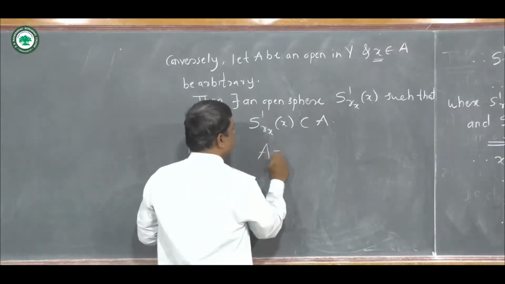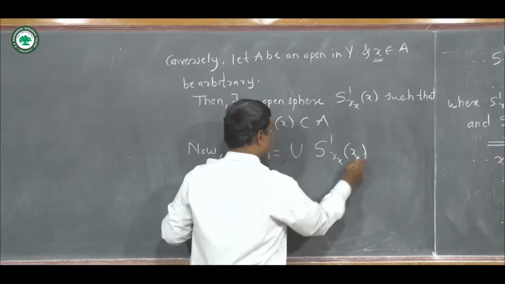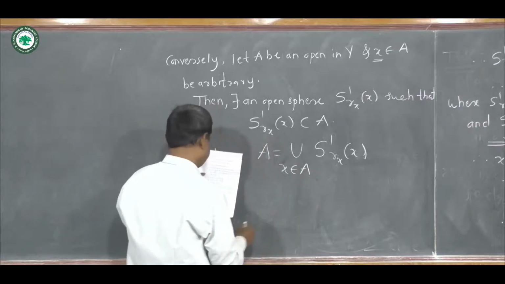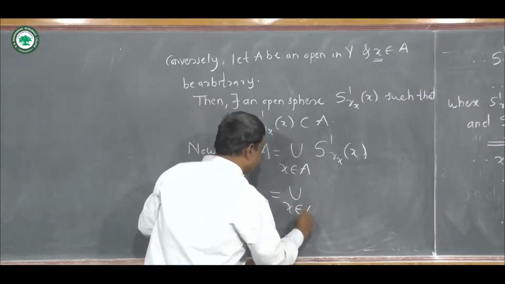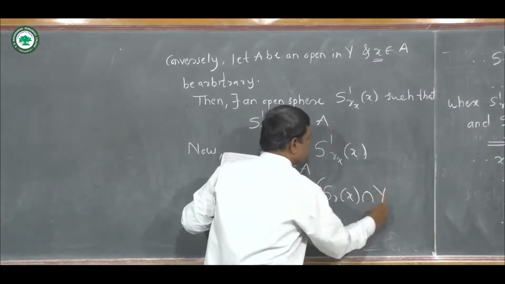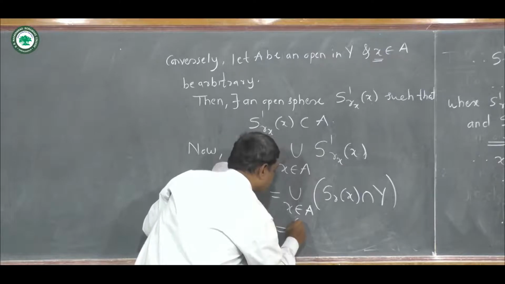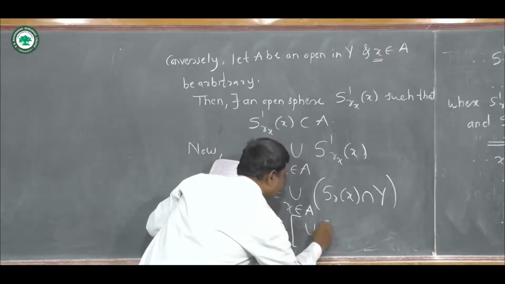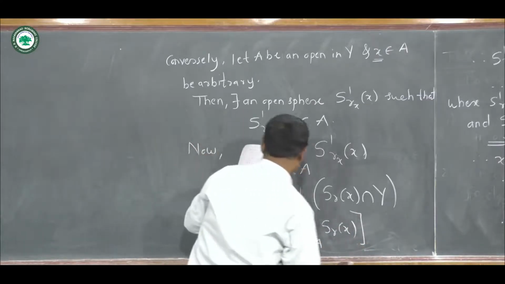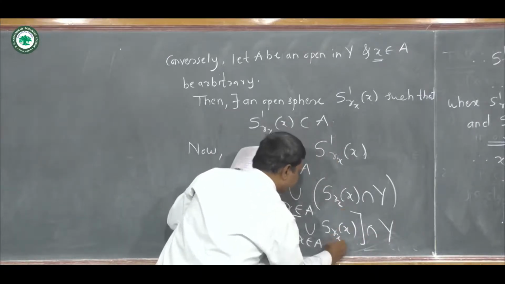So we write A is equal to the union of S'(Rx) centered on x, where x belongs to A. This union is taken over all the elements of A. Now S'(Rx) can be written as the open sphere S(Rx) intersection with Y. So this is equal to the union of S(Rx), where x belongs to A, intersection with Y.